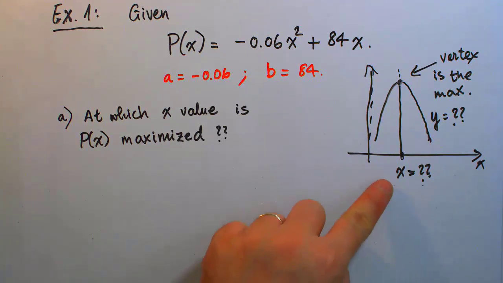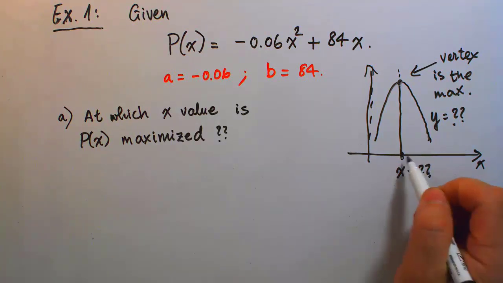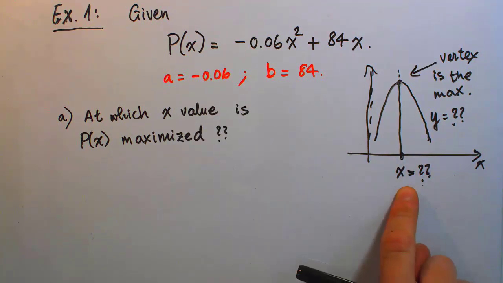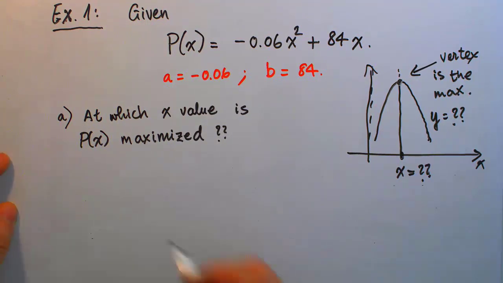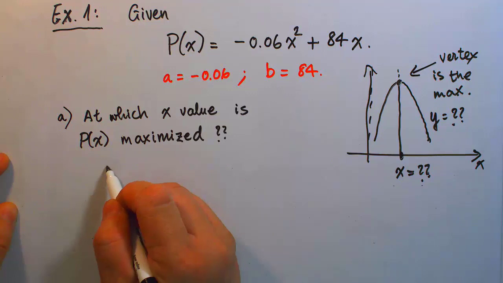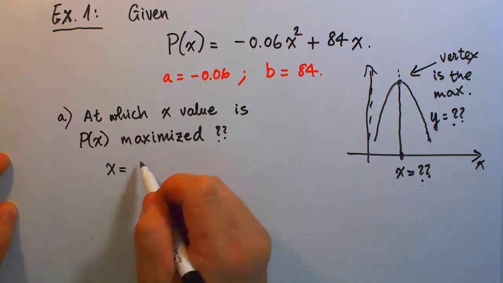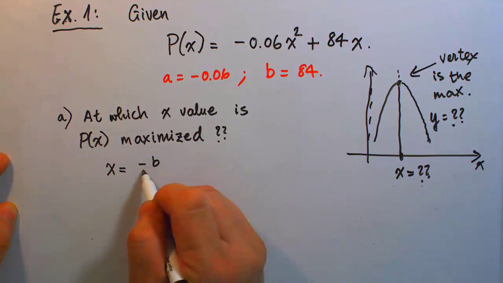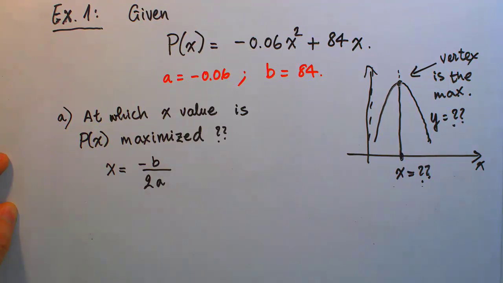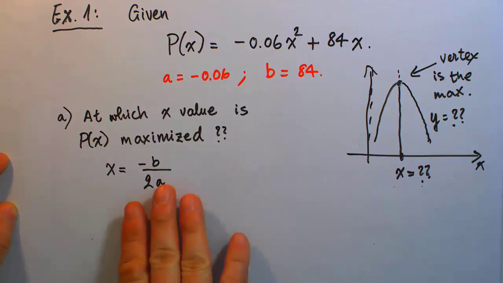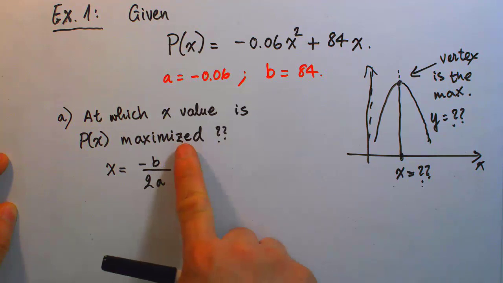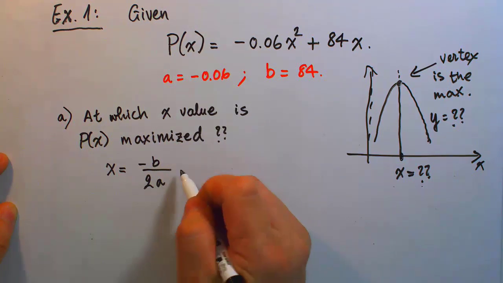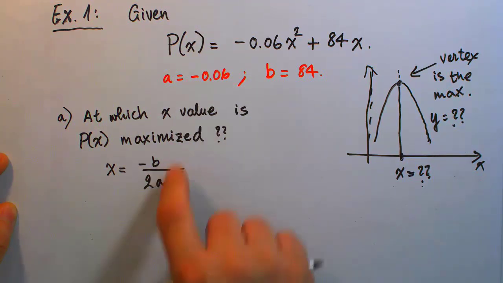In other words, we're looking for the x coordinate of the vertex point. We have learned that the x coordinate of the vertex point is found by the formula minus b over 2a. A lot of explanation from me, but in the end it comes down to that simple step. So the x coordinate of your vertex point, or in this context the maximum, is just minus b over 2a.